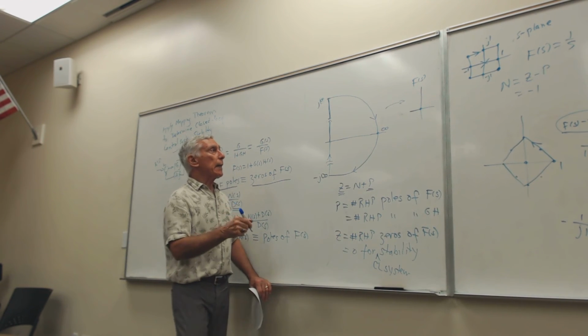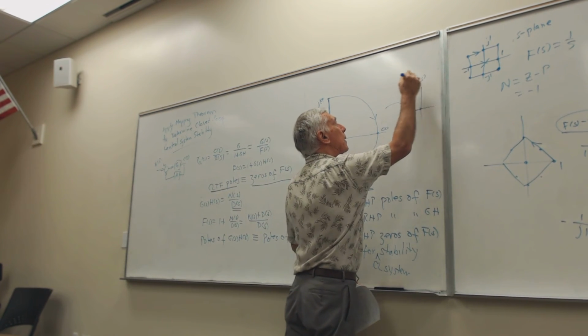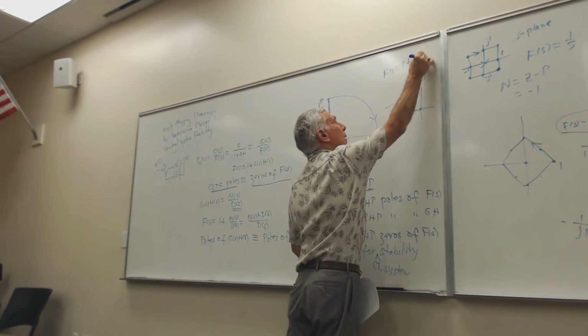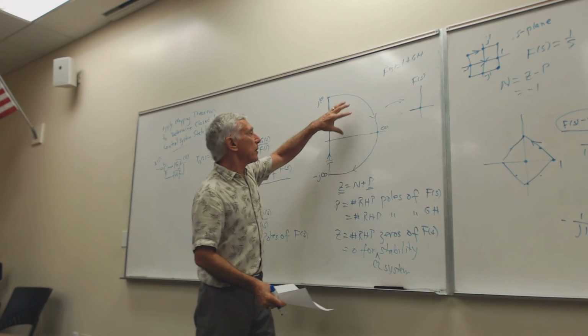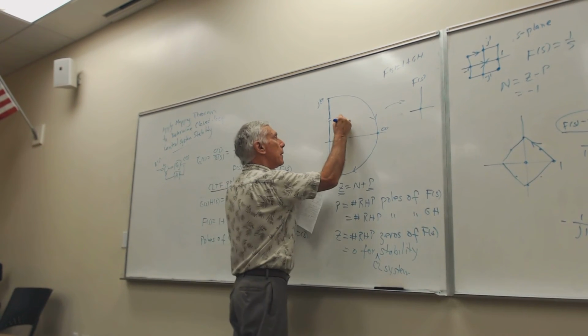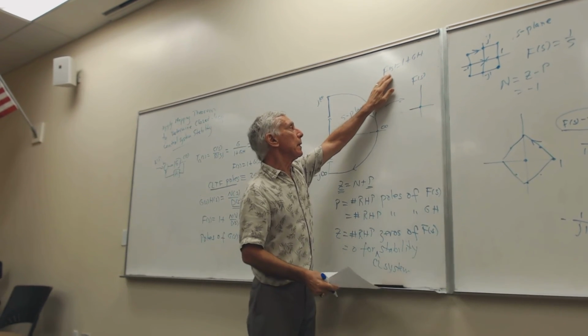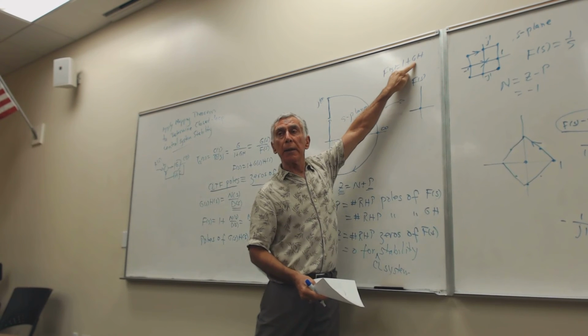Now, the last step. Remember that F of s is equal to 1 plus GH. So instead of mapping from the s plane to the F of s plane, we can map from the s plane to the GH plane.